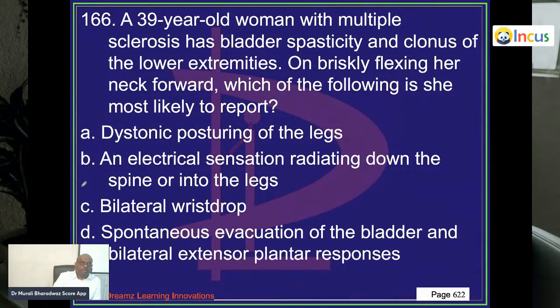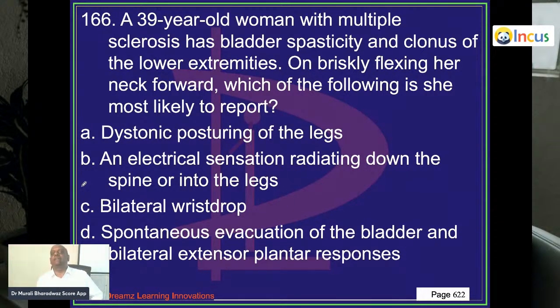A 39-year-old has multiple sclerosis with spasticity. What will happen if she briskly flexes the neck forward? There will be an electrical sensation passing along the spine. What is that sign called? Were you there in the neurology multiple sclerosis class or not?